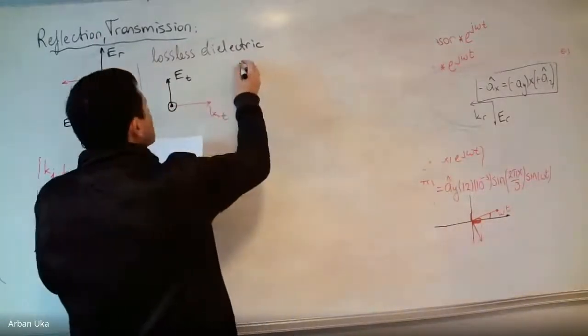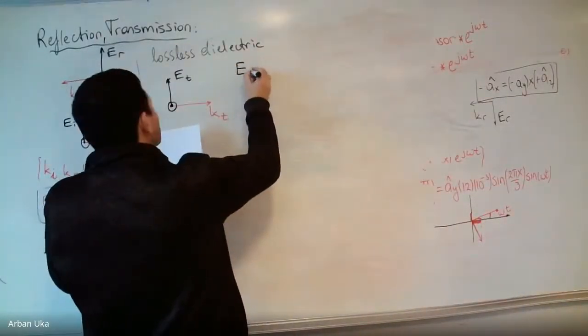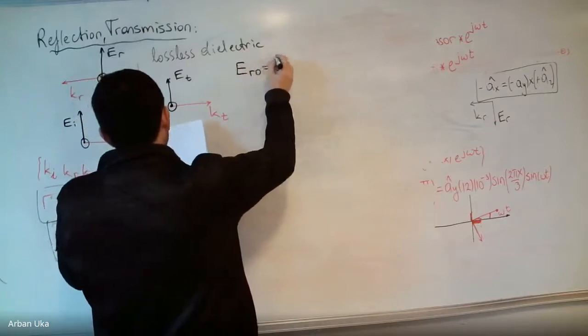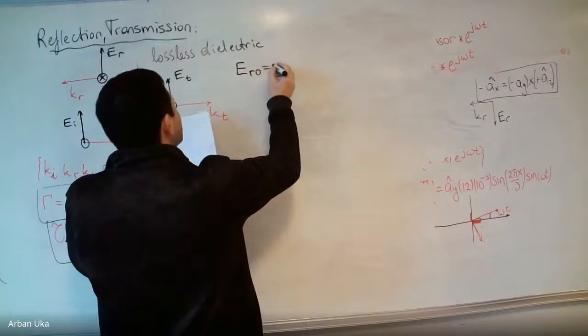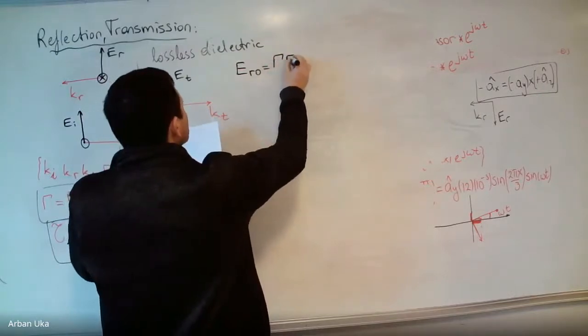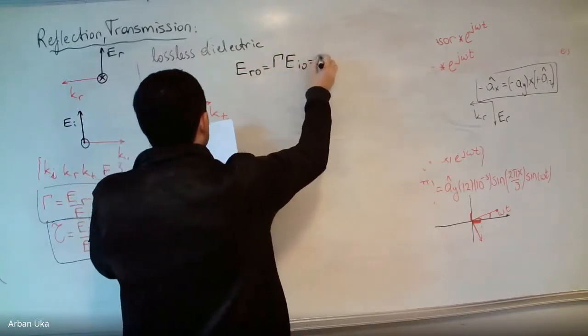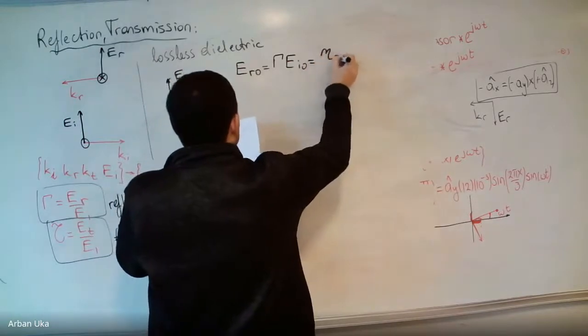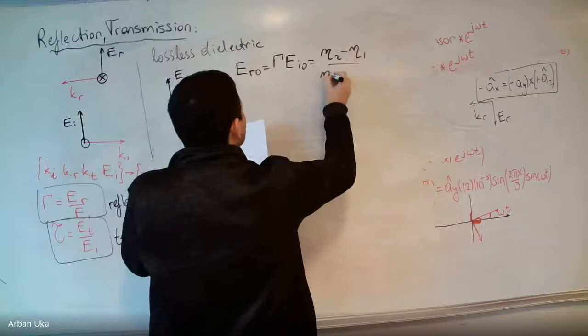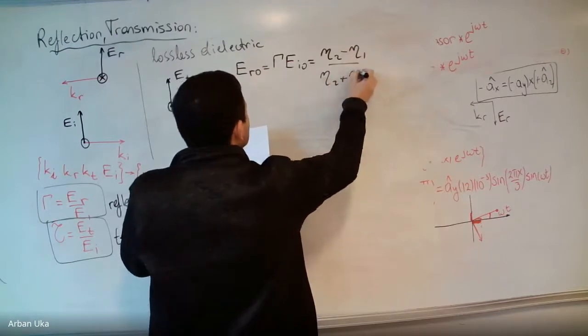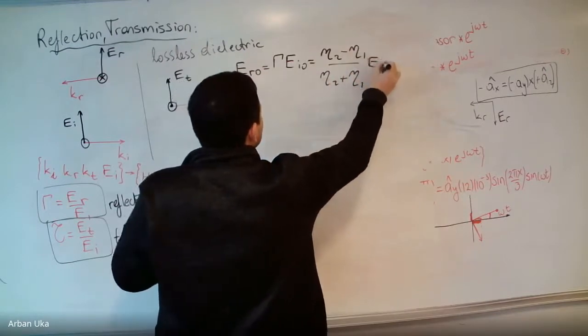We found that ER0 equals the reflection coefficient times EI0, which equals eta 2 minus eta 1 over eta 2 plus eta 1, times EI0, where eta is the intrinsic impedance.